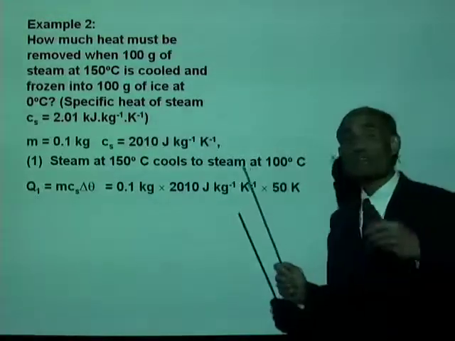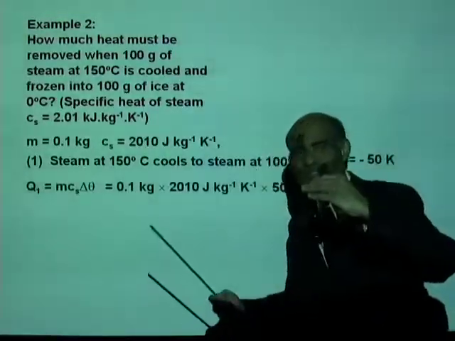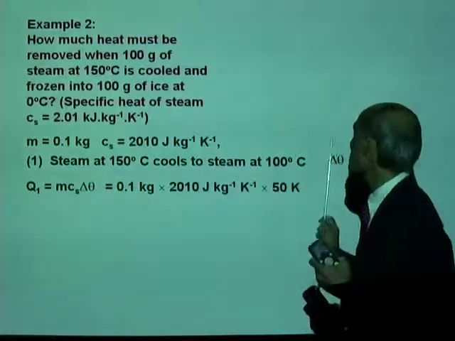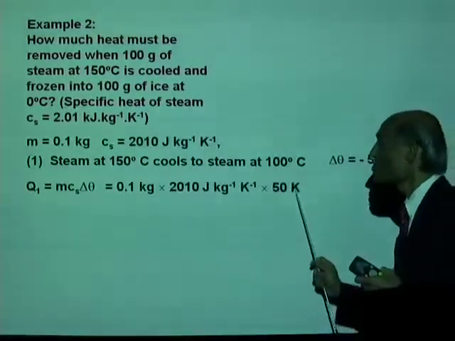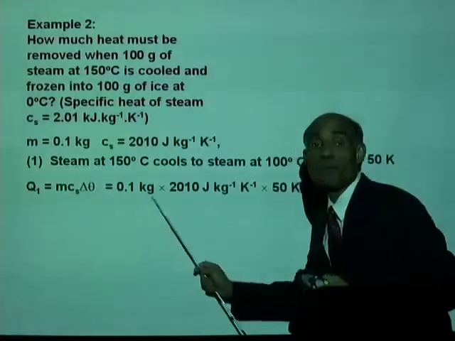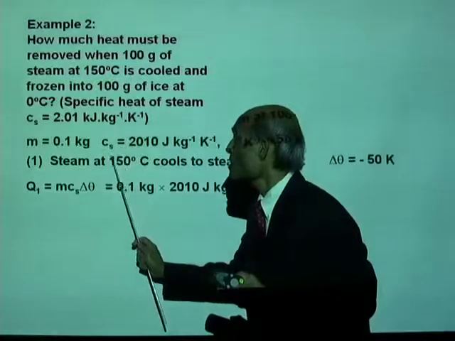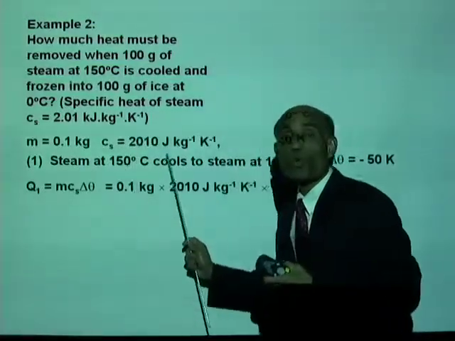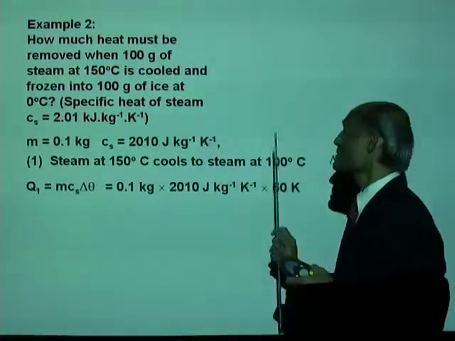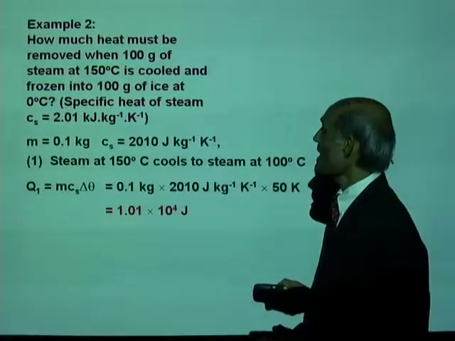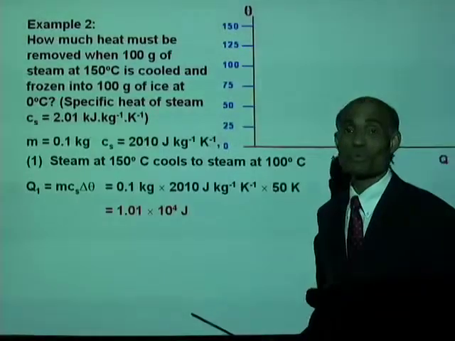Well, the negative tells you that the heat is liberated. As long as you know that and keep that in mind, you don't need to use the negative sign. So I use the positive sign. This is the amount of heat liberated when steam at 150 degrees cools down to 100 degrees Celsius. And that will be 1.01 times 10 to the 4 joules.